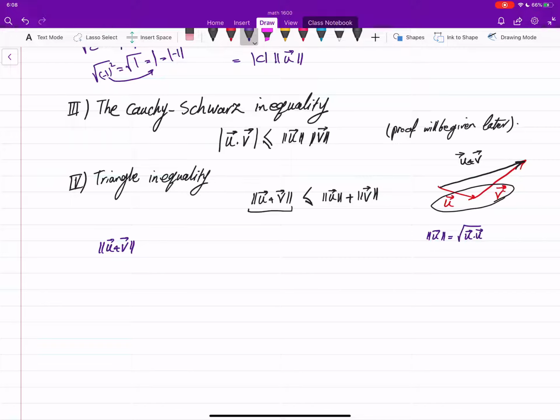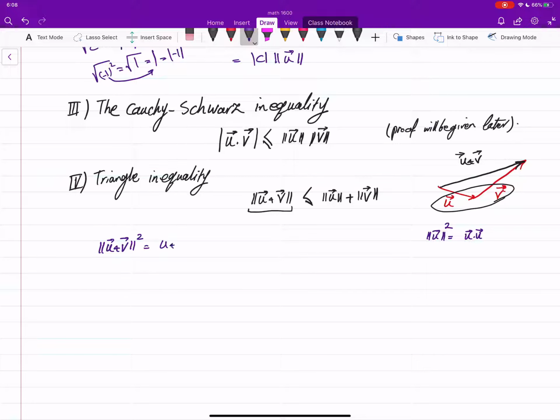But we will use the equivalent version, that length squared is u dot u. So I will start with length squared instead of length itself. You will see at the end how we deal with that.